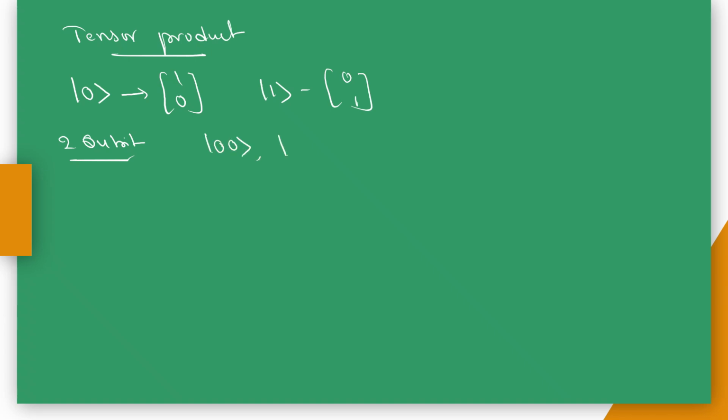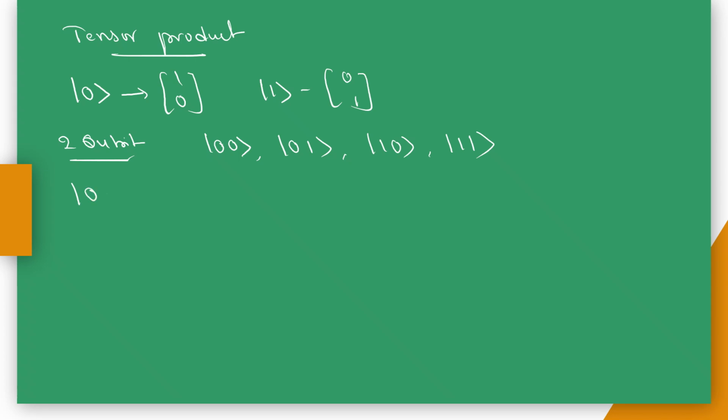As we know, the basis state 0 is represented as the column matrix 1, 0, and state 1 is represented as 0, 1. For the 2 qubit point of view, we have the states 00, 01, 10, 11.